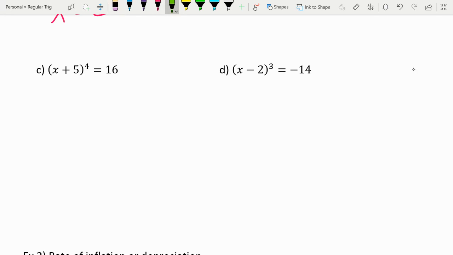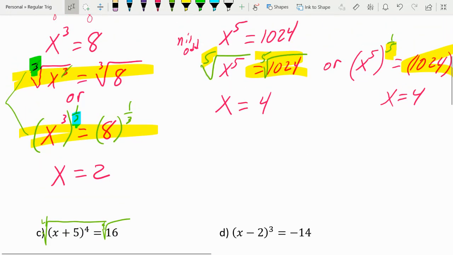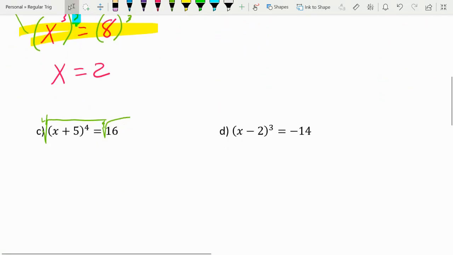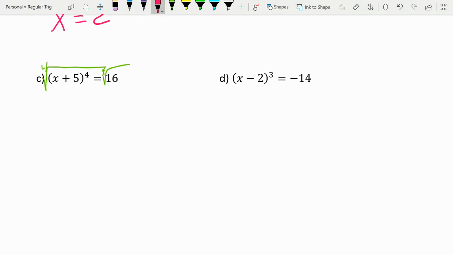I can either take the 4th root of both sides, or you can do the exponent. I'll do this one this way. So I know that those 4's are going to cancel. What am I left with? I don't need the parenthesis anymore.